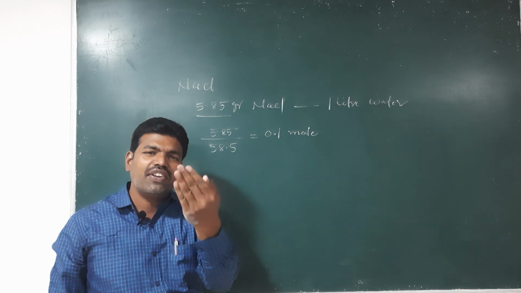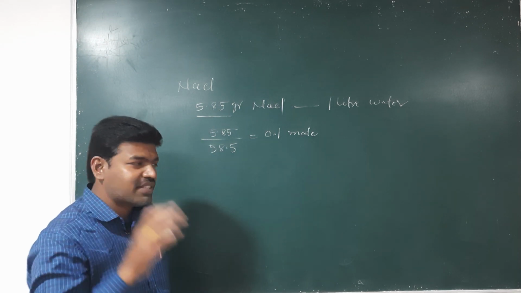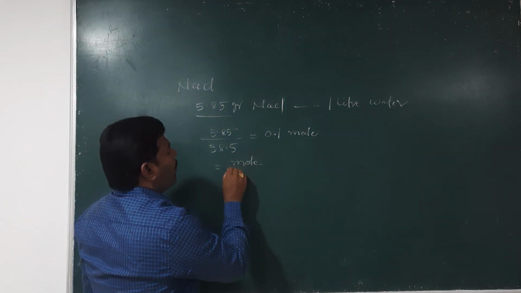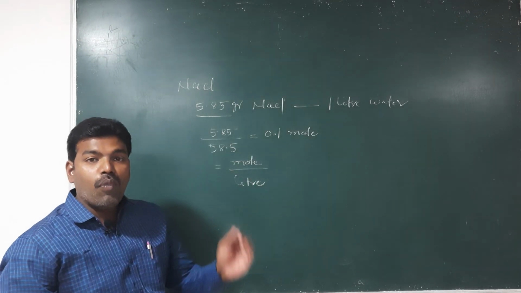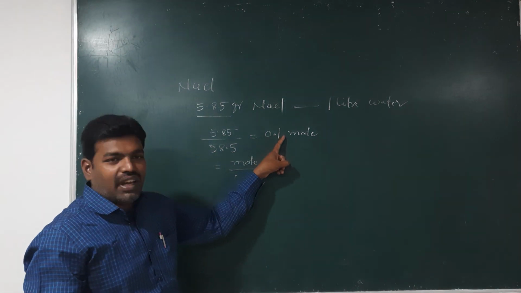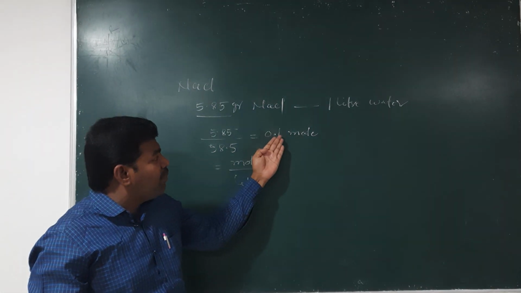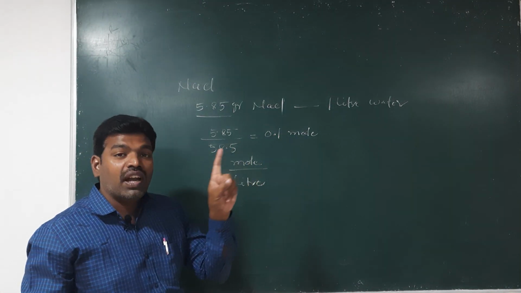So we can quantify that sodium chloride dissolved in 1 liter water as moles per liter. Here the number of moles is 0.1, and 0.1 mole of sodium chloride is dissolved in 1 liter.